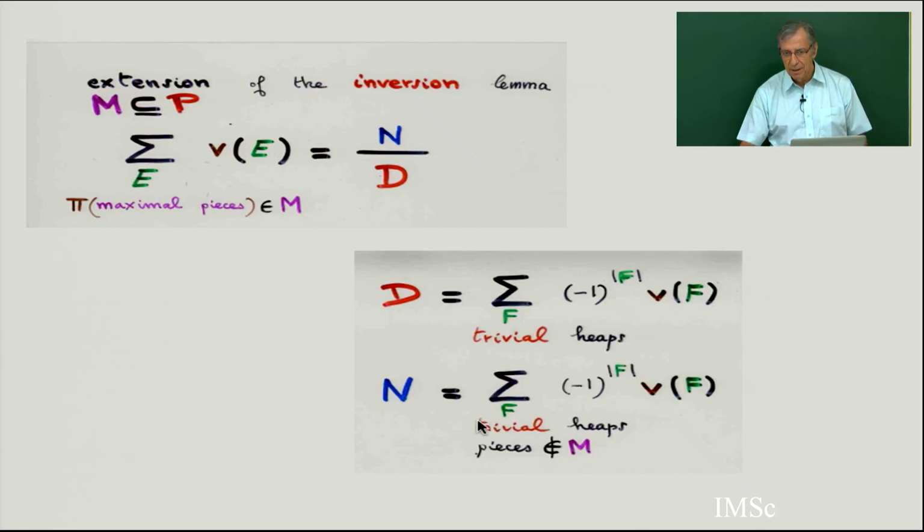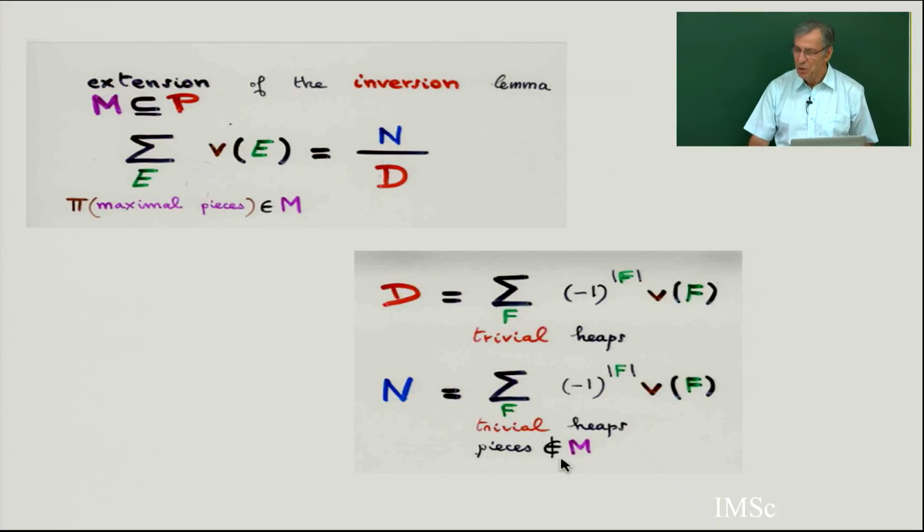But now N is again an alternating generating function of certain trivial heaps, trivial heaps such that every piece of the trivial heap does not belong to M. So trivial heaps of pieces in P minus M. Yes?